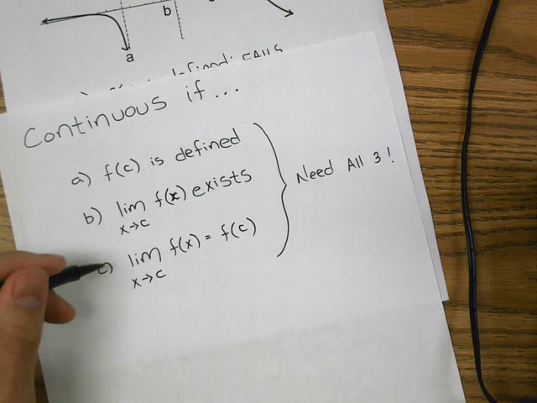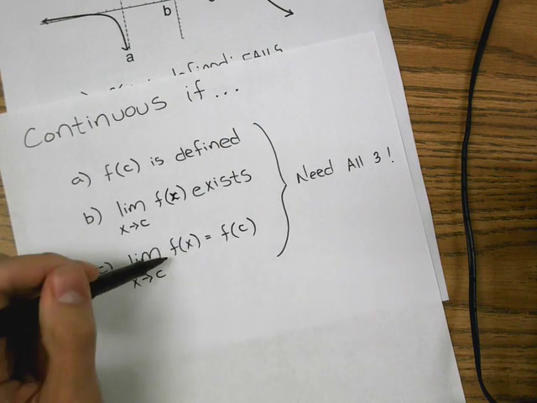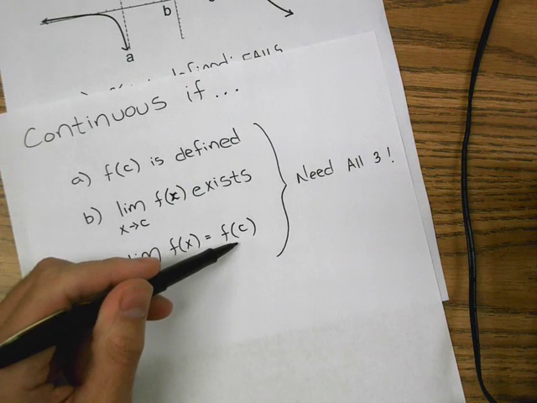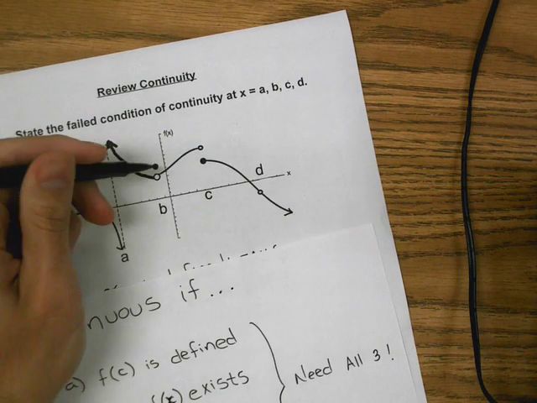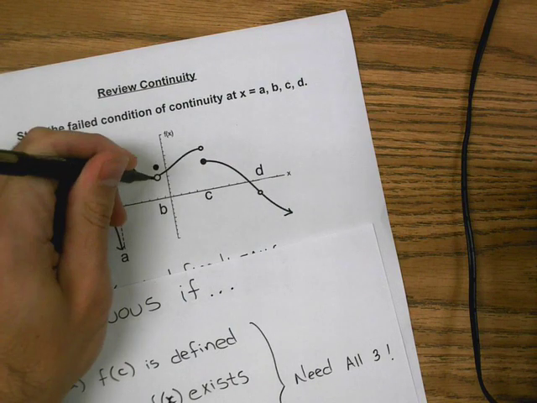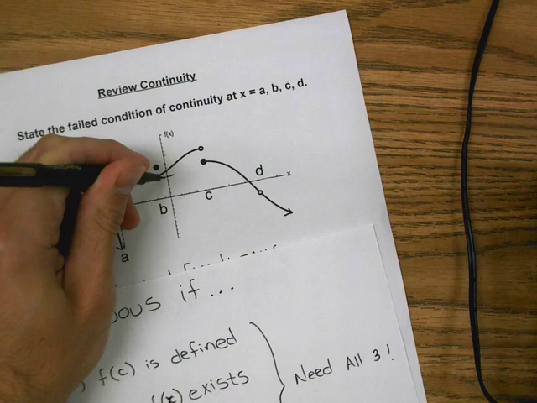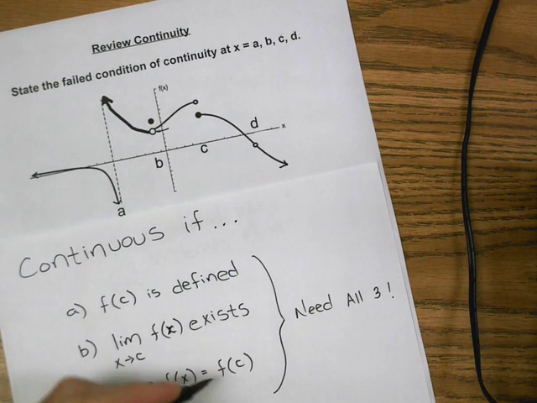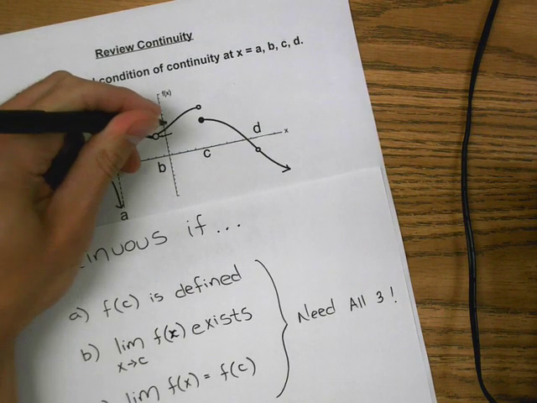Let's go down to our third one. Is the limit as x approaches that value the same as the function output at that value? The limit as x approaches b is going to exist right here, at whatever y value this is. However, the function is defined at this closed circle, whatever this y value is.